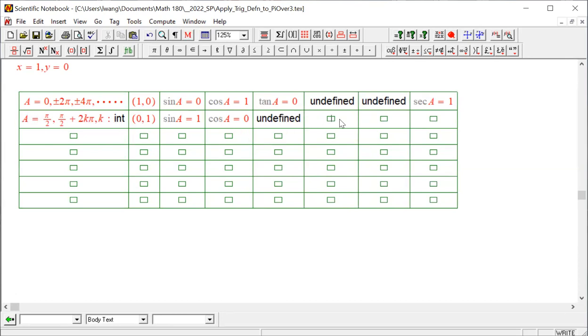How about cotangent of these angles? It's x over y. X over y is 0 over 1, so that's 0. Cosecant of this angle is 1 over y, and 1 over y is 1, because y is 1.